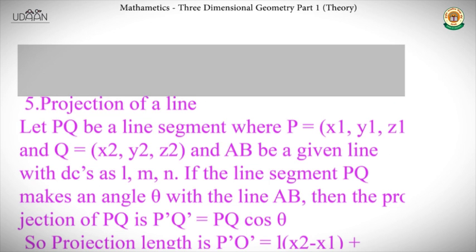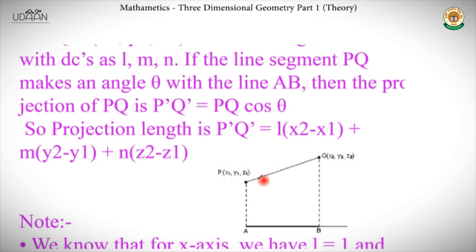Now moving on, we'll study the projection of a line. What does the projection of a line concern? We must understand this figure. There are 2 points P and Q with coordinates x1, y1, z1 and x2, y2, z2. Now we have another vector, say vector b.